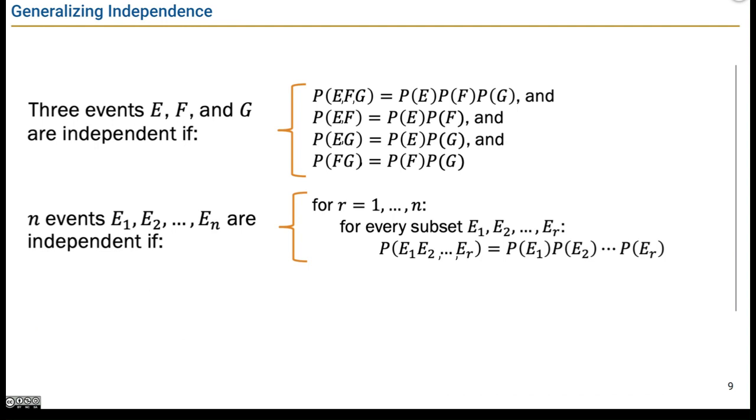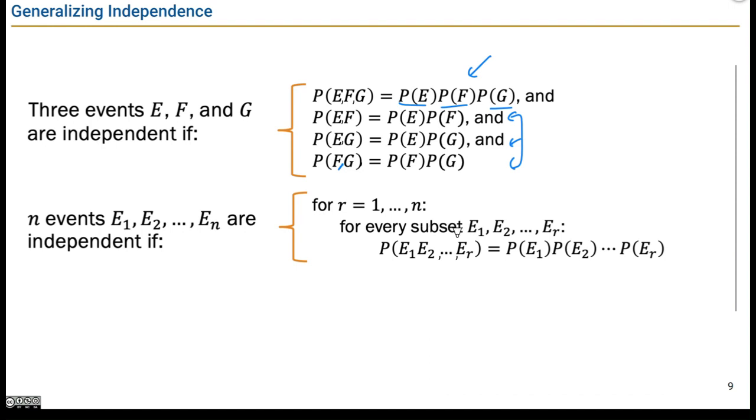So 3 events, E, F, and G, are independent if I have to show all possible combinations. So not just the pairwise ones, but I also have to be able to do the probability of E, F, and G equaling the product of those 3 probabilities. And it gets even more when I add more events to this.